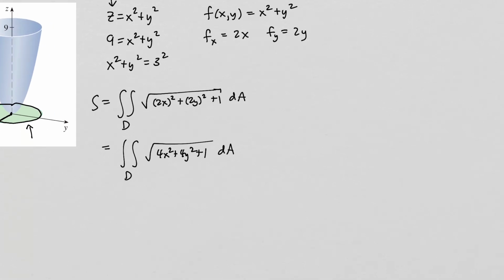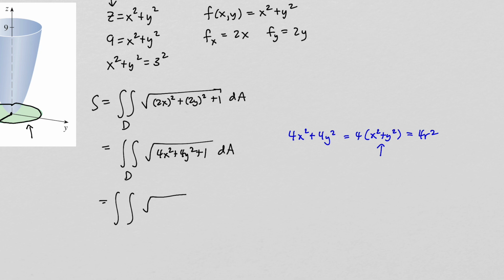So if I bring in polar coordinates, let's just recognize that 4x squared plus 4y squared is 4 times x squared plus y squared. And we know in polar coordinates, x squared plus y squared is r squared. And so this becomes the double integral of the square root of 4 times r squared plus 1. And then dA, of course, becomes r dr d theta.